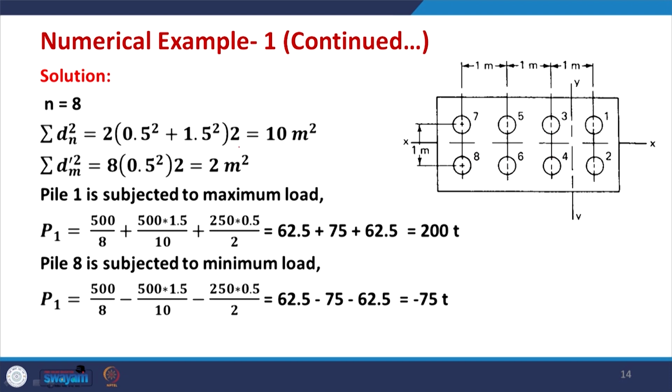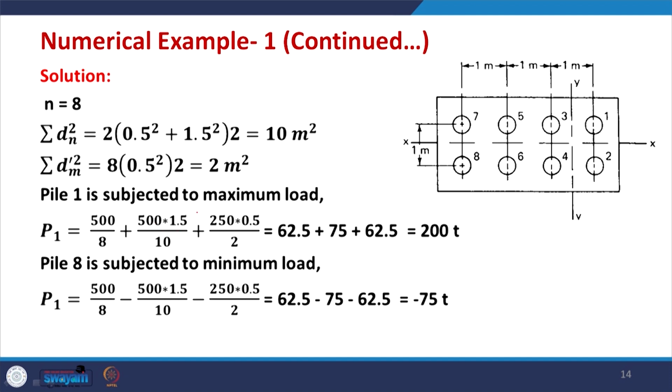So this can be calculated as 2 times of 0.5 square plus 1, so 10 meter square. Along the other axis there are 8 piles, each at a distance of 0.5 meter from this axis, so it is 2 meter square. Then you put in the numbers: 500 by 8, and 500 into 1.5 is the 4.